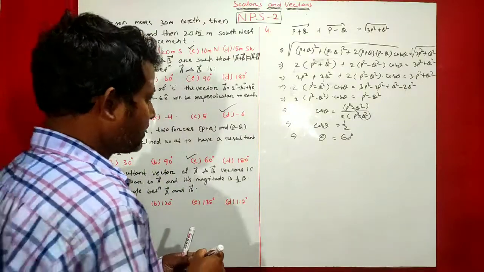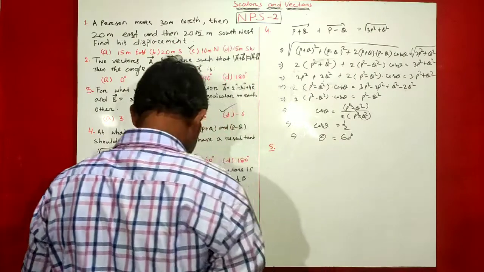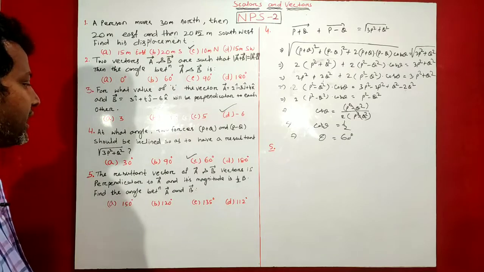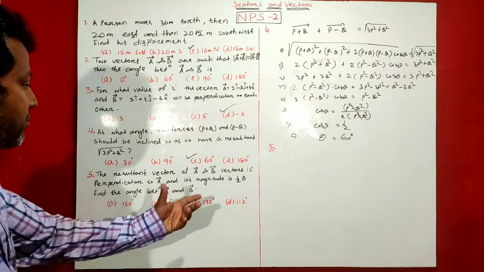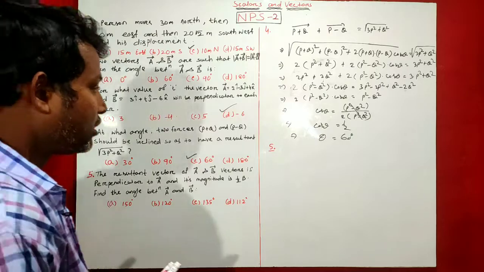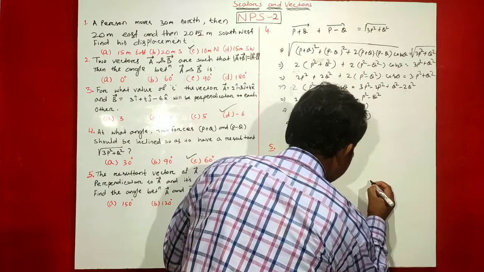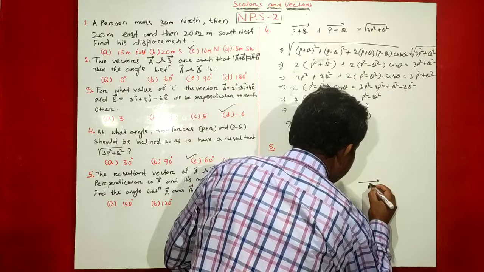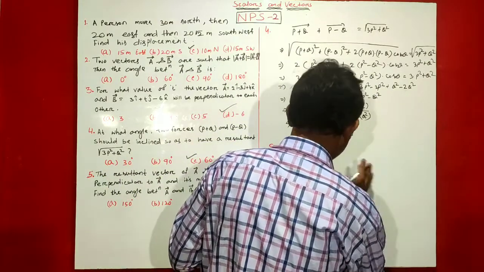Then number 5. The resultant vector of A and B vector is perpendicular to A and its magnitude is half of B. Find the angle between A and B. So guys, let me draw the two vectors.